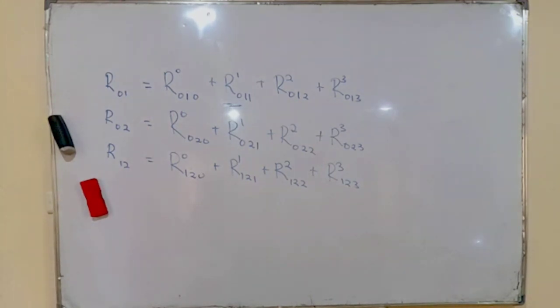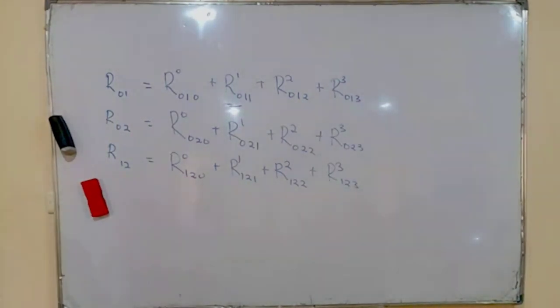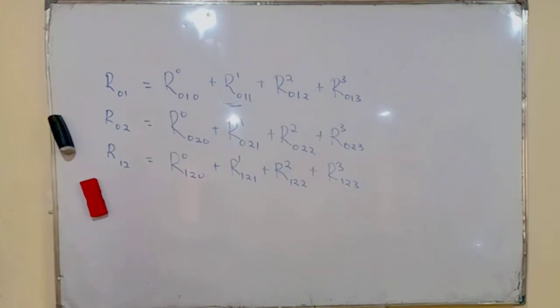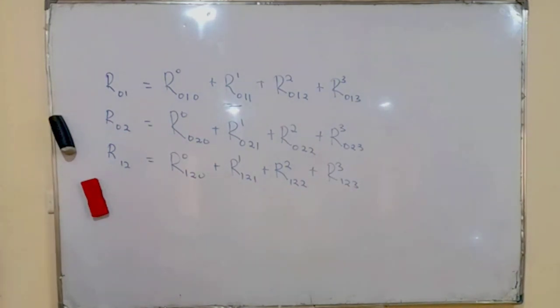R3123 is 0. R2122. The R0. Okay. Again, all of them are zeros. Okay.